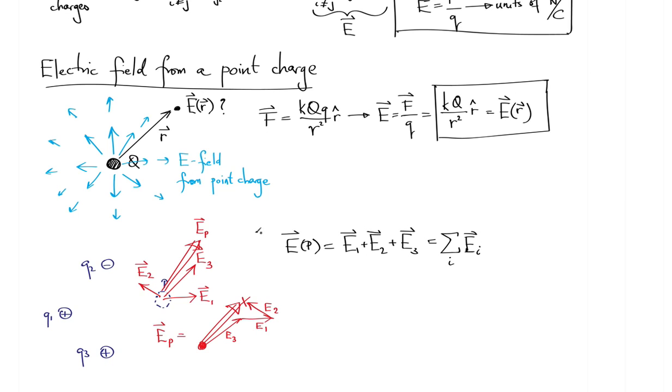If you had more than one charge like we do over here, you would just repeat that procedure. So for each one of these pairs, you would calculate the vector, for instance, this vector here, I'll call that R3, this vector here, R1, and this vector here, R2.